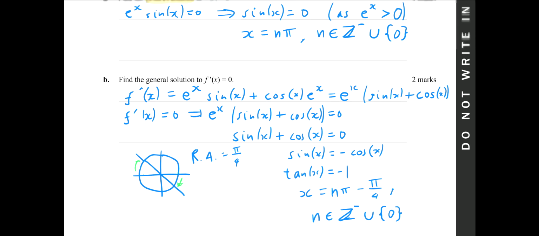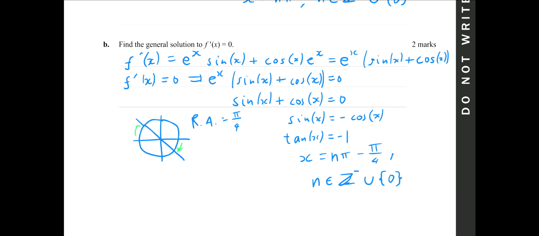Because if you look back at part B, we had a general solution to f dash x equals 0, and it was this function right here. N pi minus pi on 4 for all negative integers, including 0. So the first member of that set, I guess if you look from the right, is n equals 0.